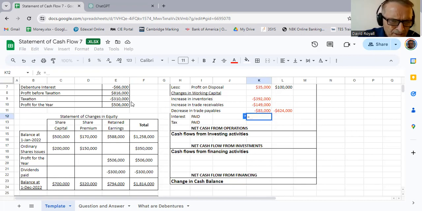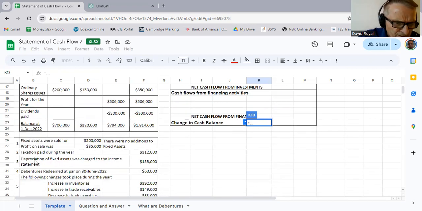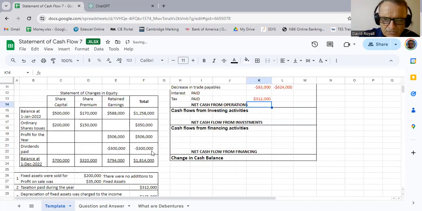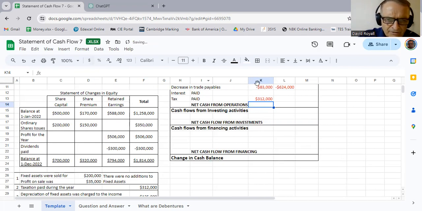Well, is it the 310, you wonder? Well, it's not. It says tax paid during the year, 312. Perfect. We're told. Now that's a negative figure, so let's just make sure that is negative.